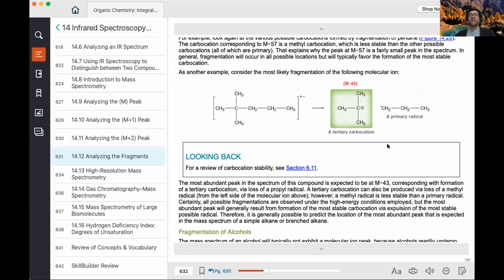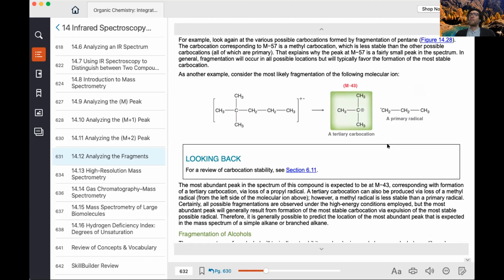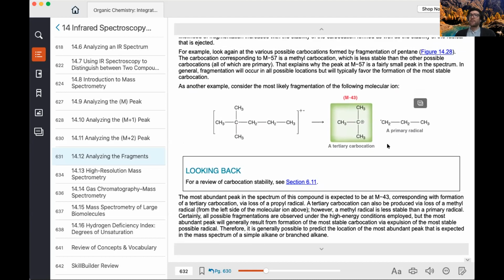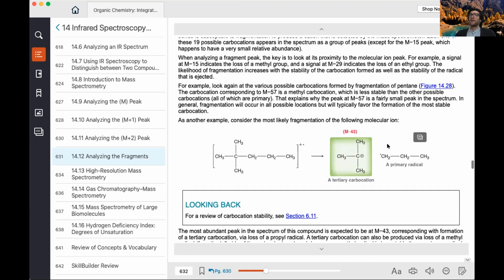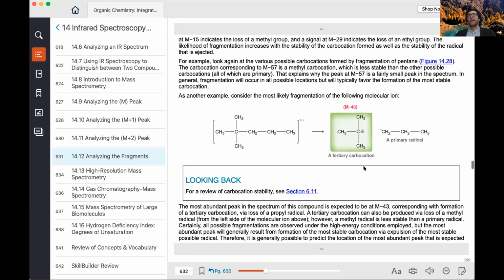That's because the tertiary carbocation is the most stable. And typically, the base peak that you see in mass spectrometry is the one that is the most stable. So that's something to keep in mind. The carbocations there follow the exact same stability rules as did the carbocations in our reactions.